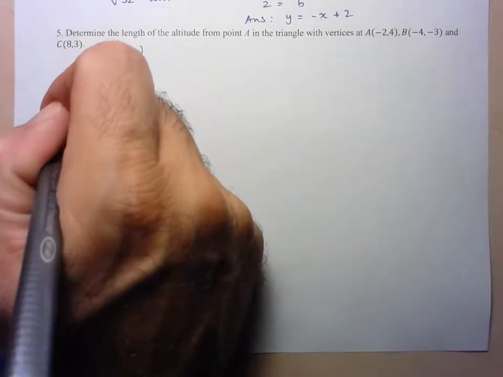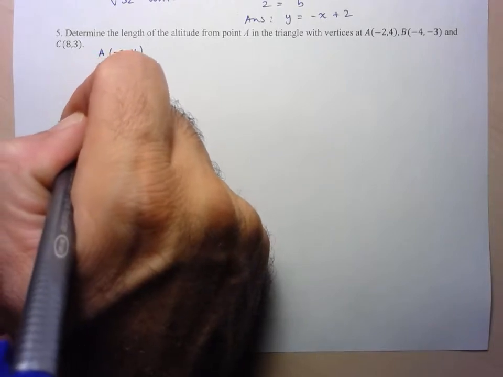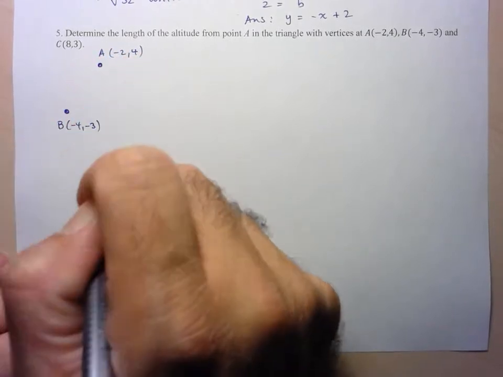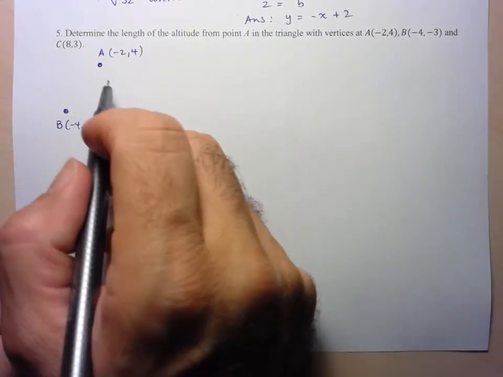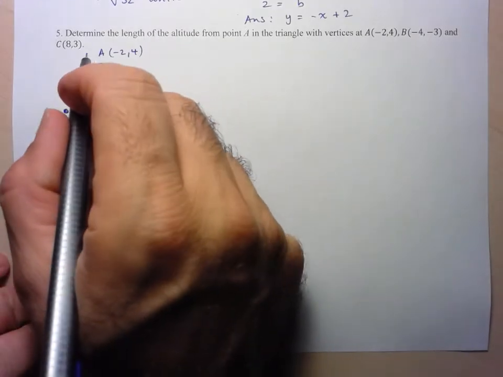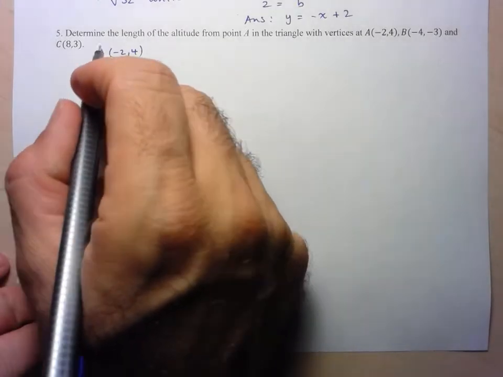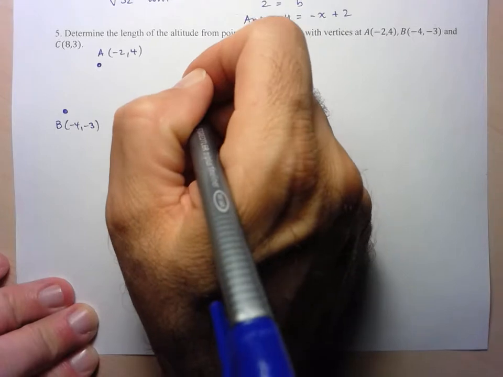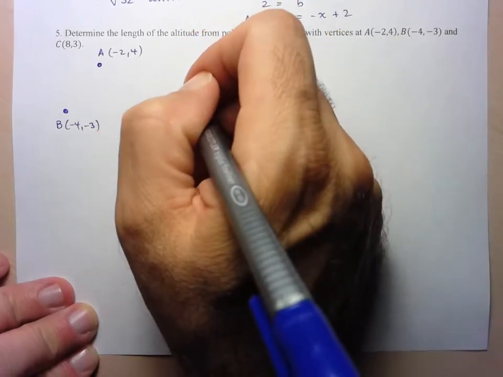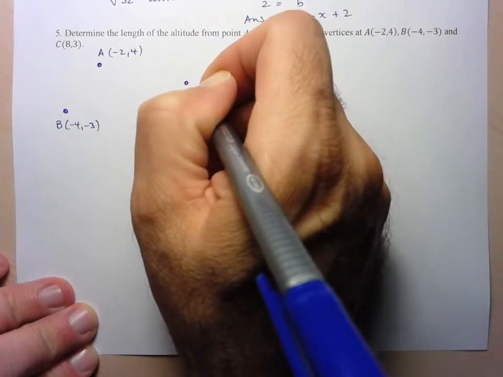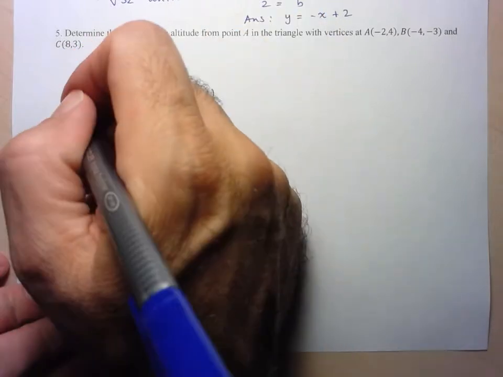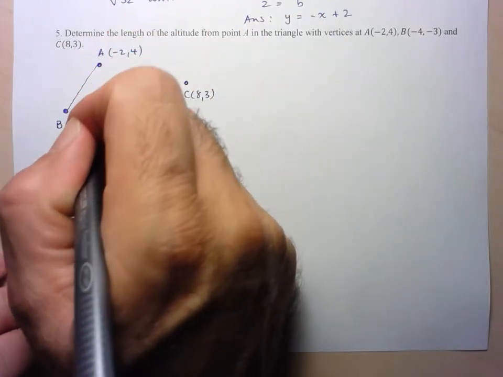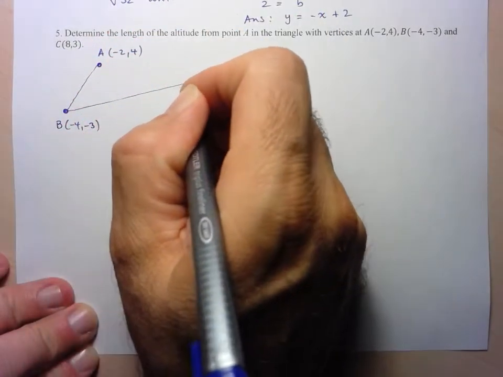So my point B is somewhere here, and then my point C (8, 3) is further to the right and not quite as far up as A, if I compare the y values. The idea is just to get something that's going to be a guide without having to rely on it being accurate. So here's my triangle.